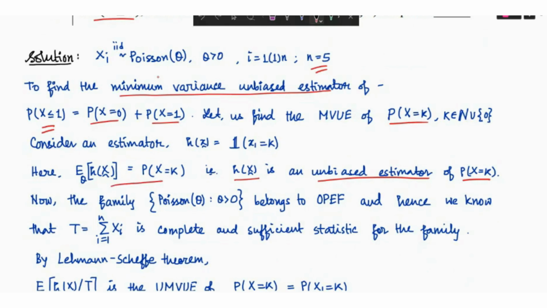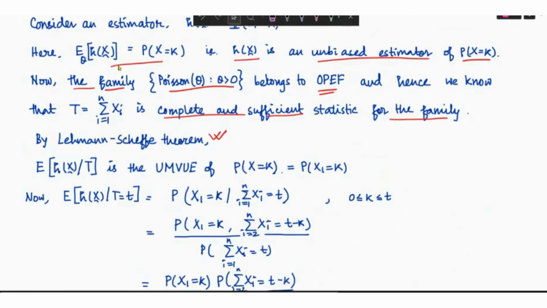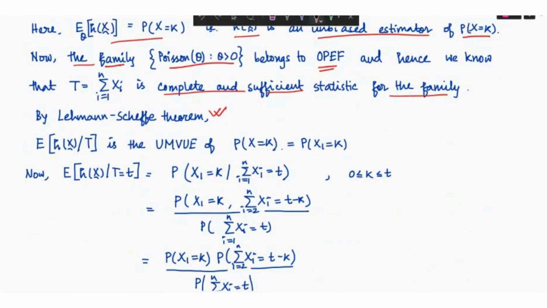Now since the Poisson theta family belongs to the one parameter exponential family, we know that T equal to summation Xi for i equal to 1 to n is a complete and sufficient statistic for the family. So by the Lehmann-Scheffe theorem, expectation of H(X) given T is the uniform minimum variance unbiased estimator of probability of X equal to k, that is probability of X1 equal to k.